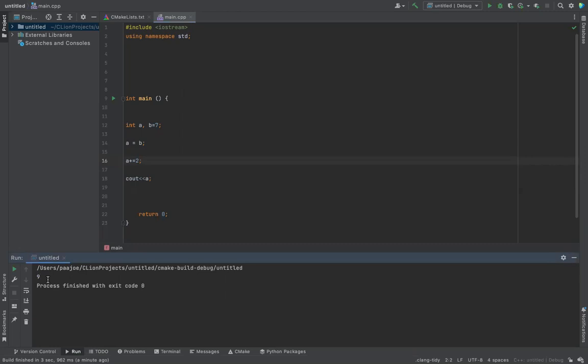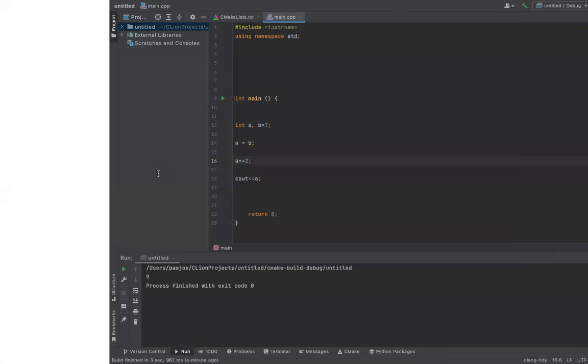Now, how on earth is this thing giving us 9? Because we didn't do any A plus 7 or something plus something. But our program is giving us 9. This is the magic. In C++, there are ways to do it.